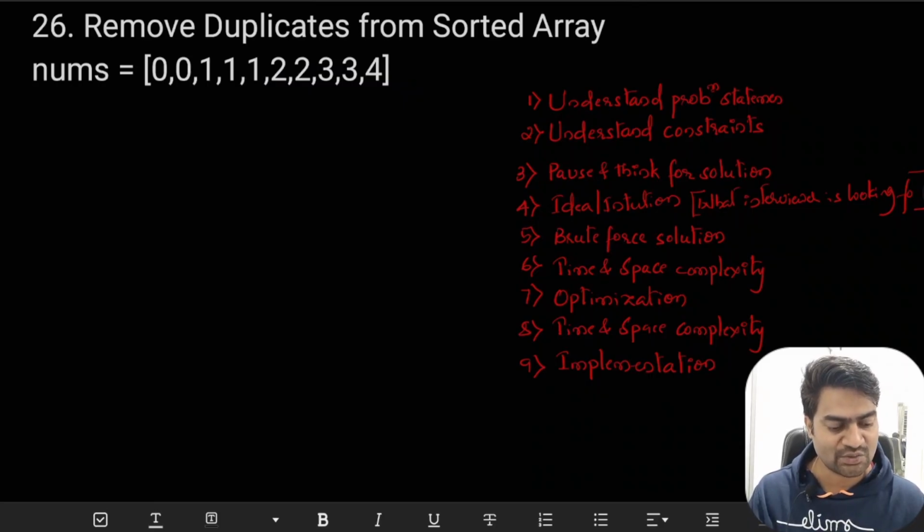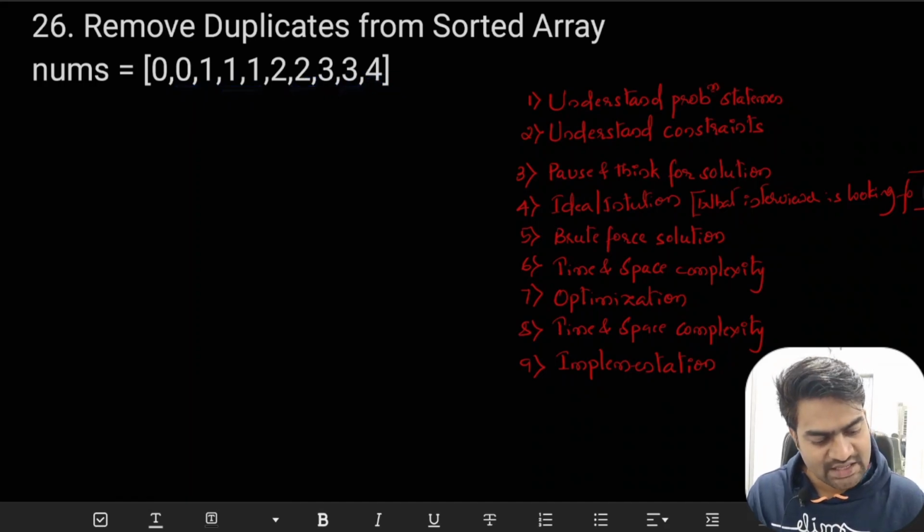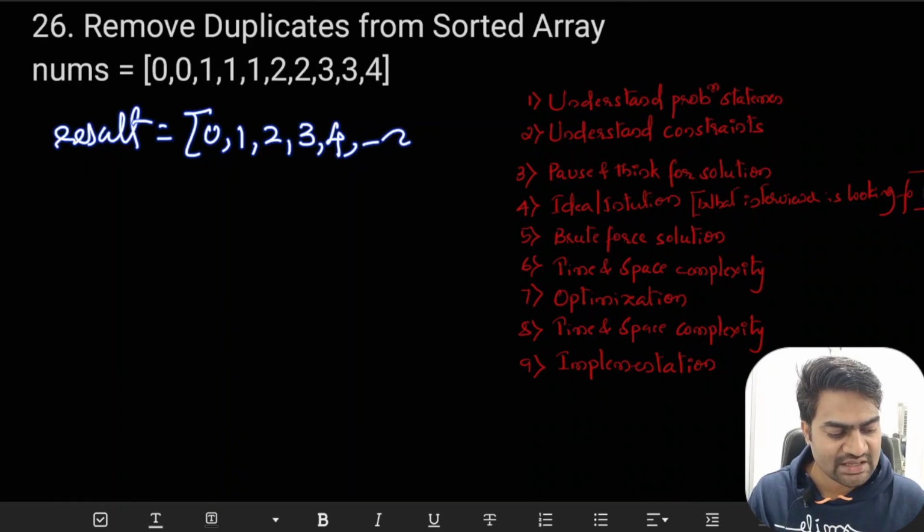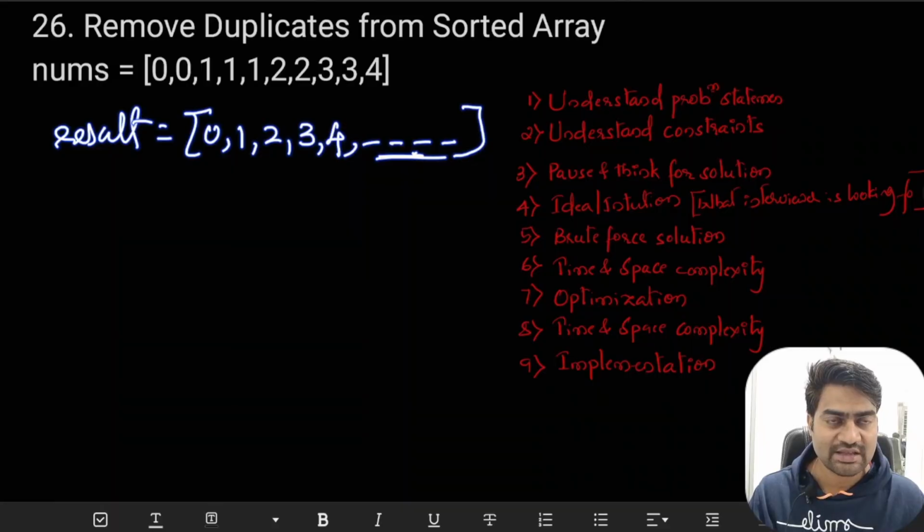So what we need to do is remove these duplicates from the array. Then our result array will look something like this: 1, 2, 3 and 4, and the remaining numbers, whatever are there, you can keep them as any number or as underscore or empty. That really does not matter.